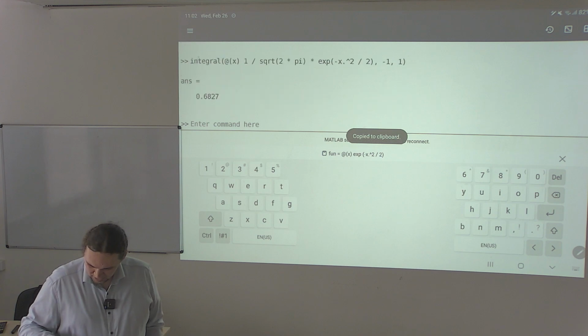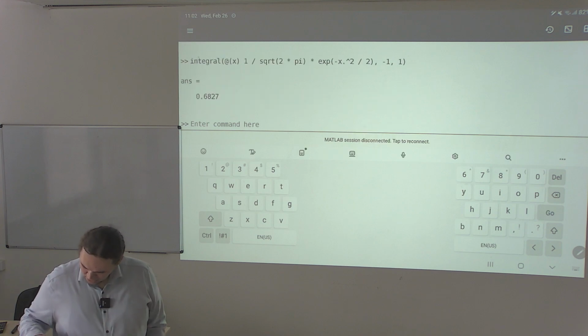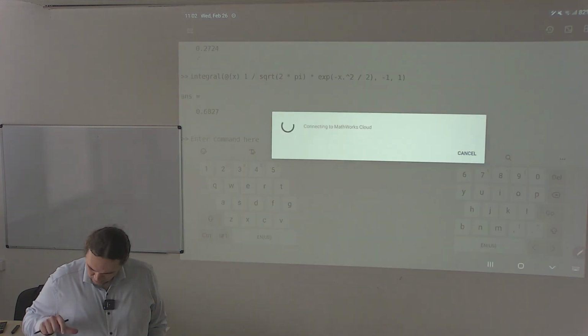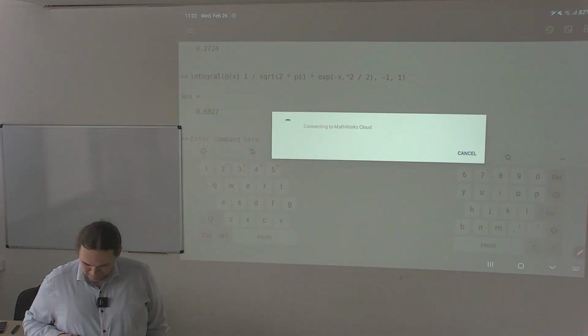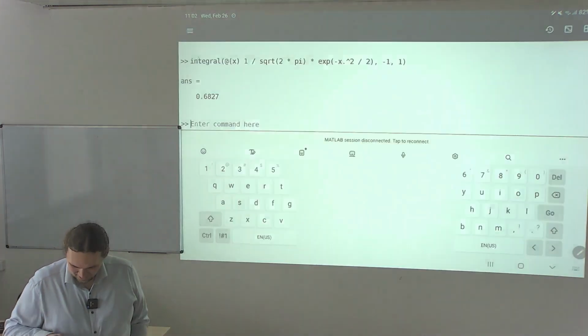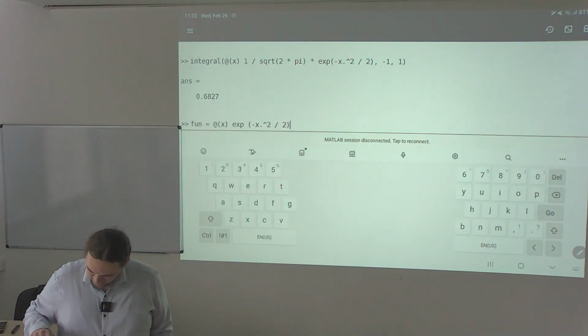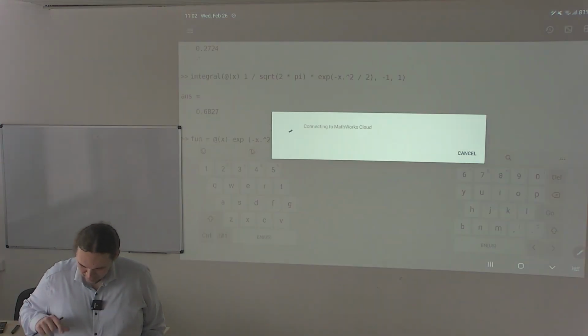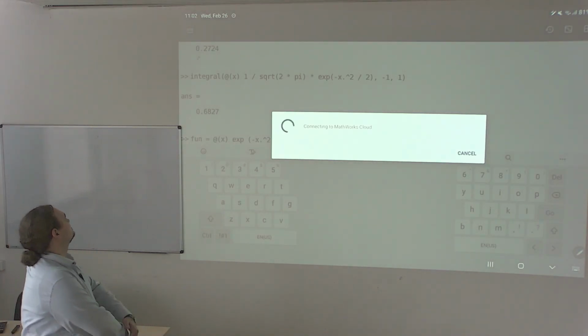Let's define, what is this? Disconnected. Okay. I shouldn't have tapped it. Okay, I don't care. Hopefully it still works. Ah, no, it needs to connect. Good.